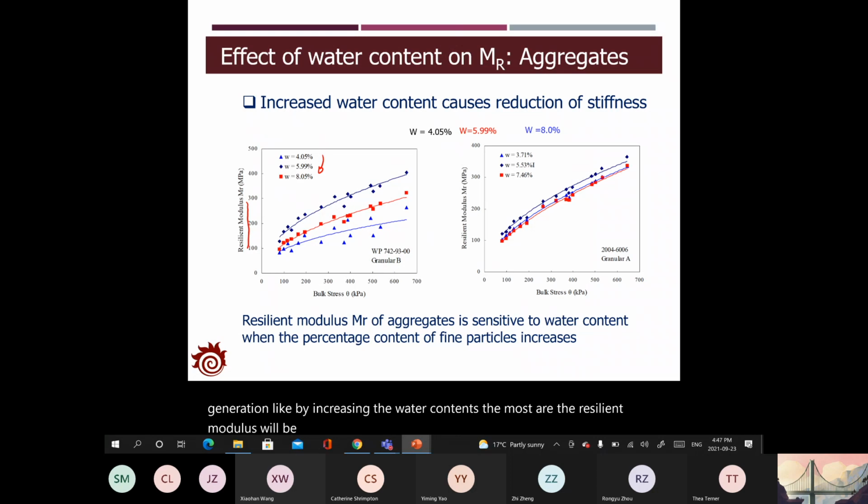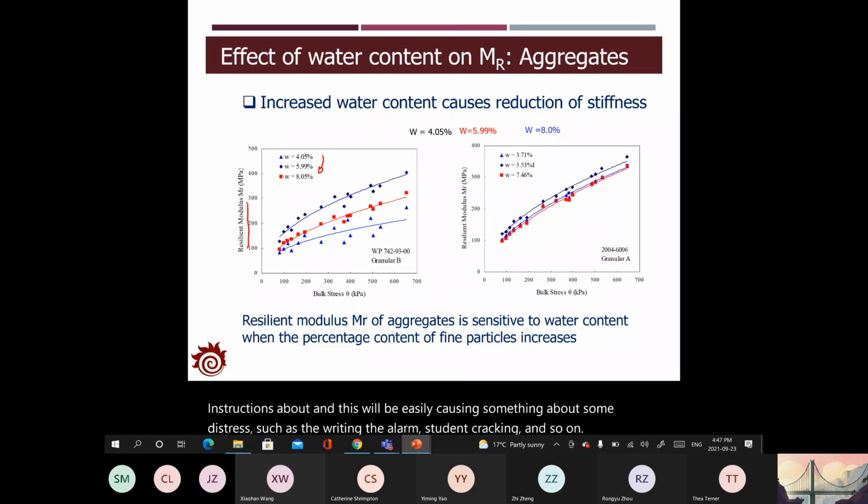It means that the stiffness of the subgrade soil will be smaller and the subgrade soil is weaker to support the pavement structures above, and this will easily cause some distress, such as rutting, longitudinal cracking, and so on.